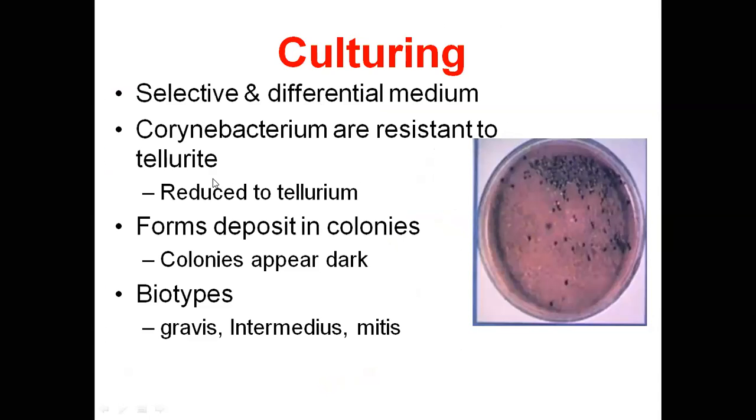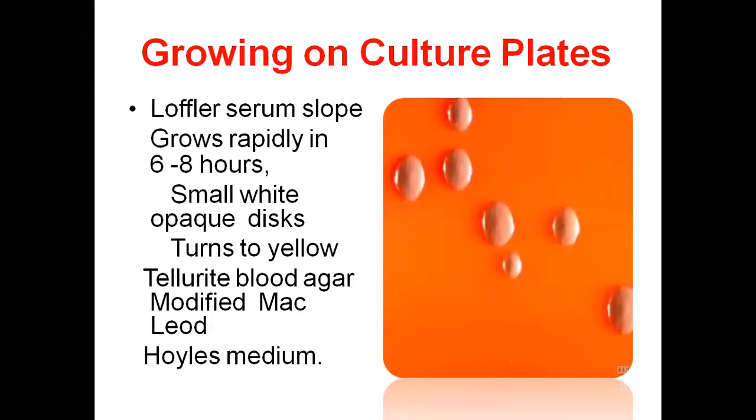Corynebacterium are resistant to tellurite, so they reduce tellurite and form deposits in colonies. Colonies appear dark in color. Under the dark color you can identify the biotypes by studying toxin variations, which are gravis, intermedius and mitis.